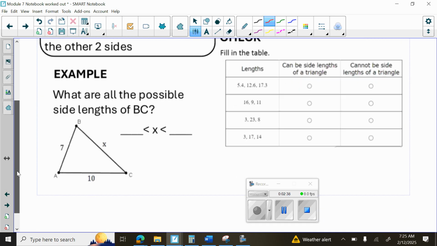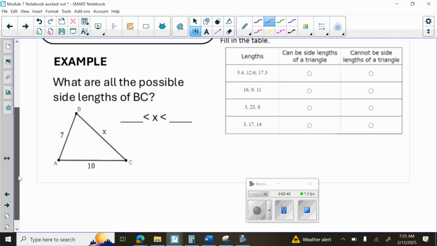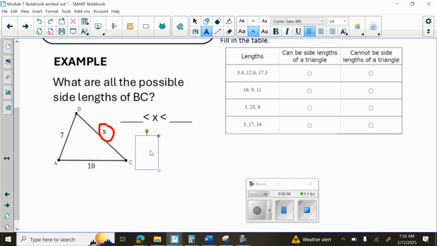If we look back here, you guys remember how we can find the possible values for x? Does anyone remember? Do you have them in your notes? What do we do with the two sides?